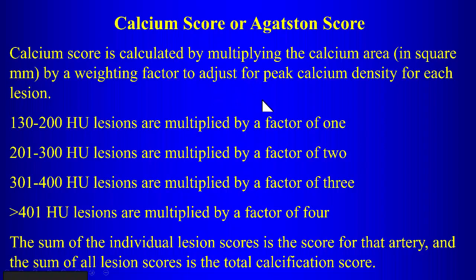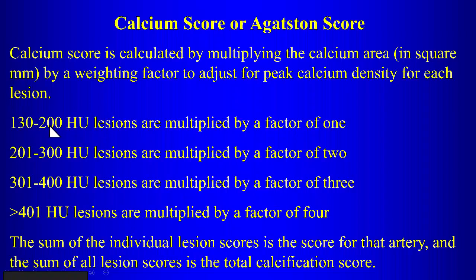You don't have to memorize this, okay? I'm not interested in you memorizing this, but I do want you to know that it is a weighted scoring system, right? So depending on the attenuation of the particular pixel that is being measured, it's multiplied.